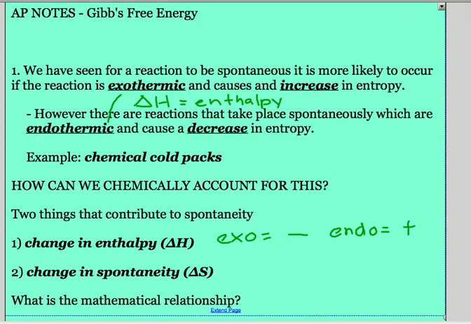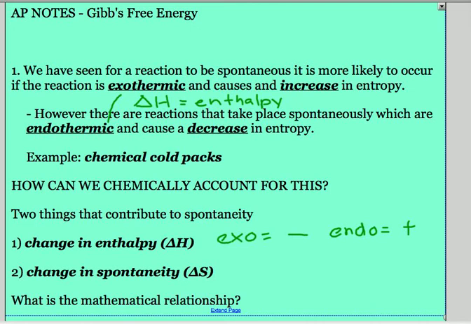Alright, so we've talked about before what is entropy and what makes things more likely to be spontaneous, and we said that if you're exothermic, then you're more likely to be spontaneous. However, endothermic reactions do happen, and they occur. So we don't really understand why. How does this happen? So what we found is that there's 2 major situations that affect spontaneity.